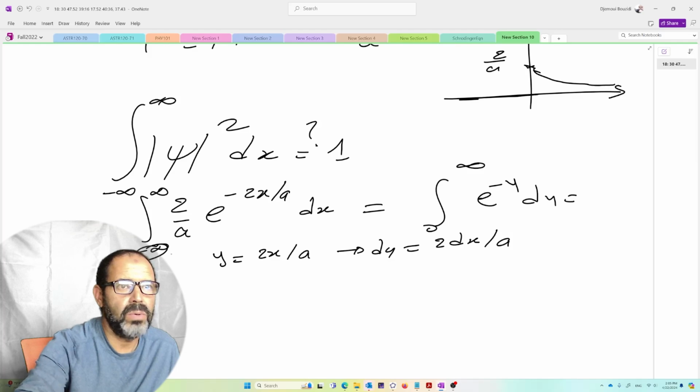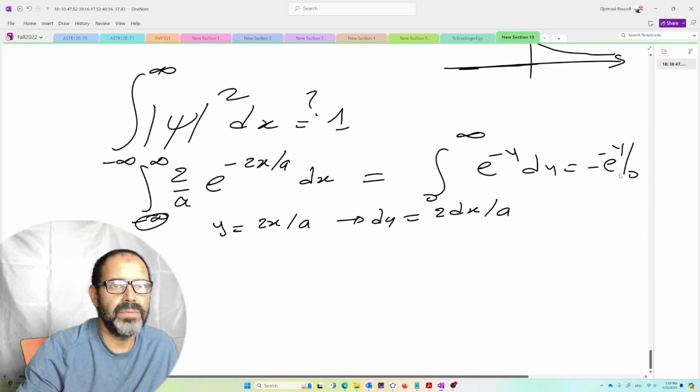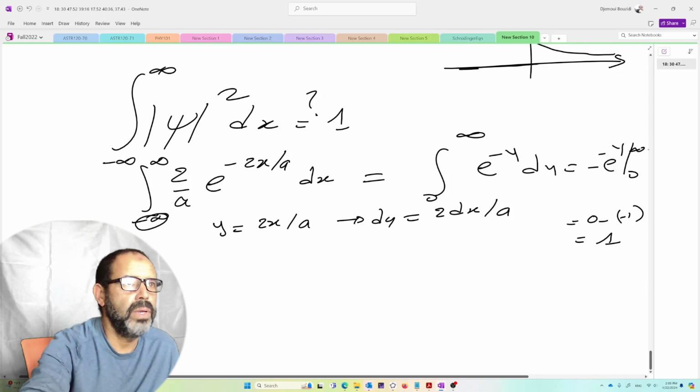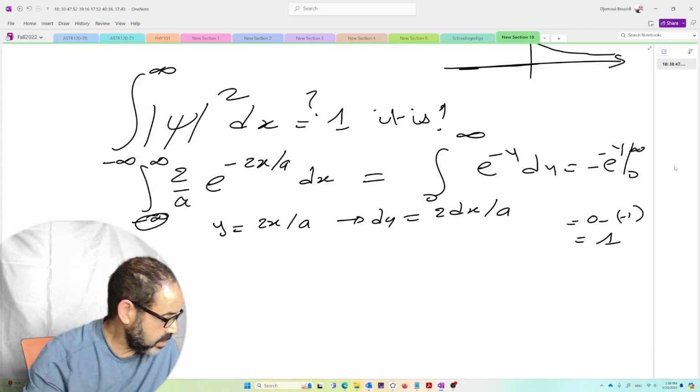And this is simply equal to negative exponential of negative y between 0 and infinity. At infinity, this vanishes, and at 0 it's equal to negative 1. So it's going to be 0 minus negative 1, so it's going to be 1. Indeed, it checks as being equal to 1, so it's normalized.